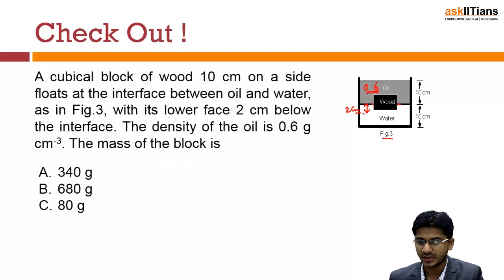What is the mass of the block? Now, as you can see, these lengths are given. Again, since this is floating, that means the net force is 0. This is 2 centimeter, that means this height is 8 centimeter. So what will be the buoyant force?